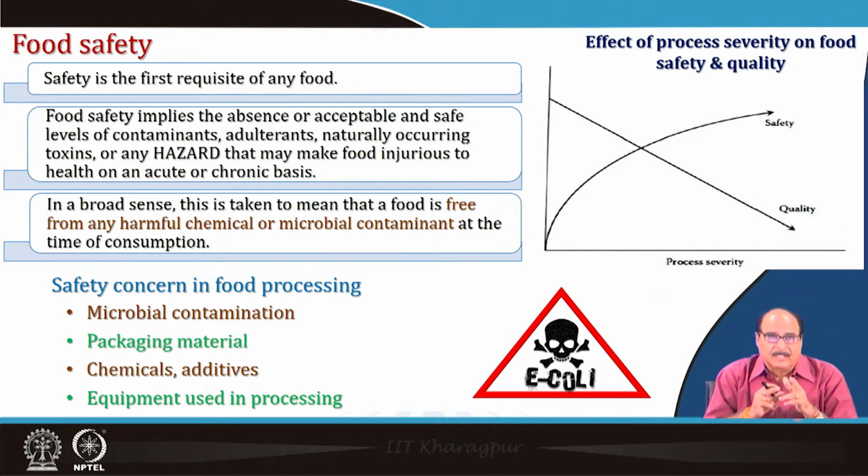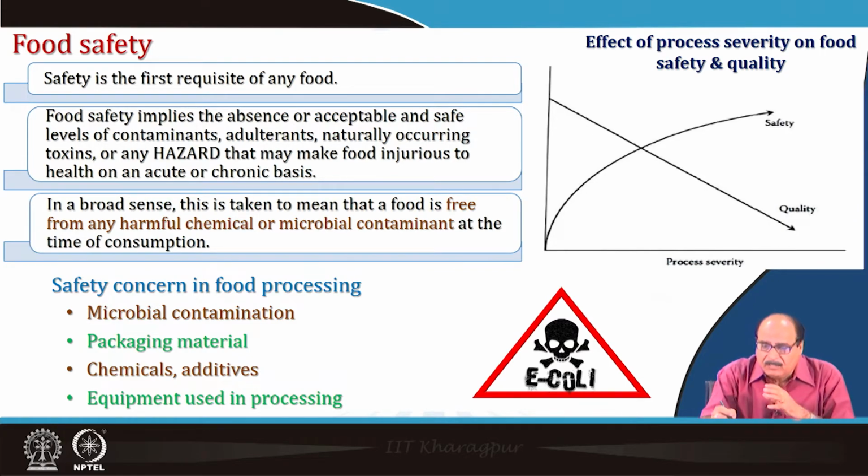Safety concerns in food processing include microbiological contamination, contamination arising out of packaging material, and contamination which may come from the chemicals or additives used in the processing, or equipment used in the processing. If they are not properly cleaned, they may also be a source of contamination.